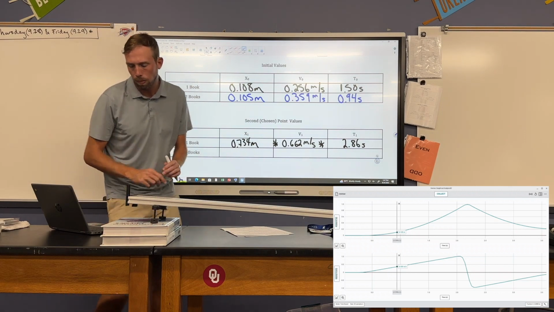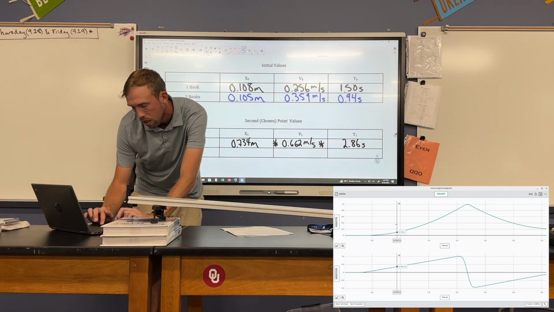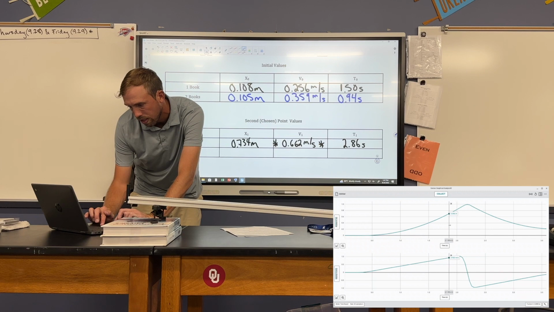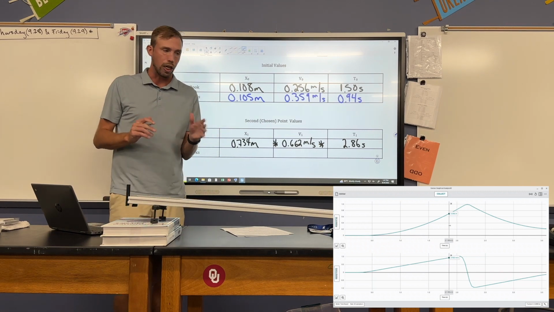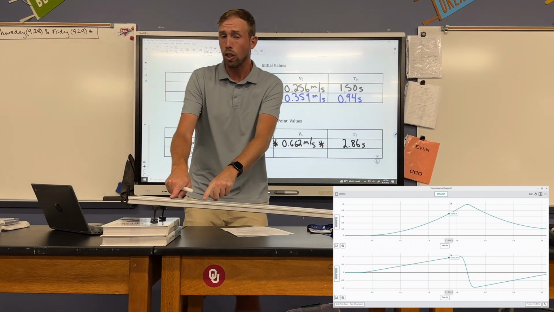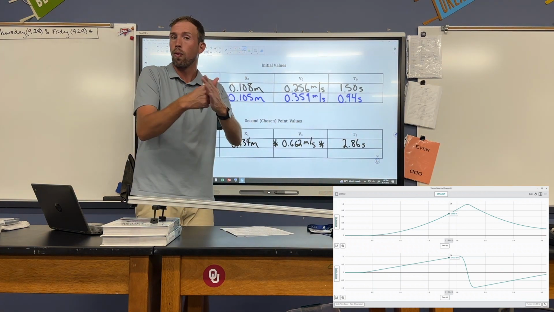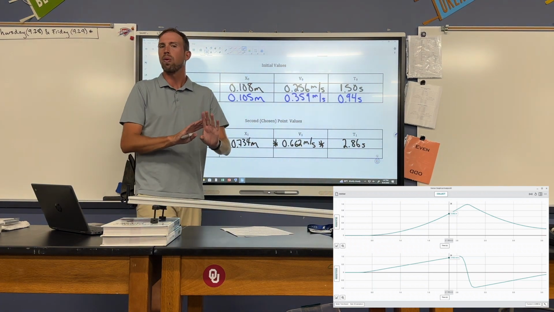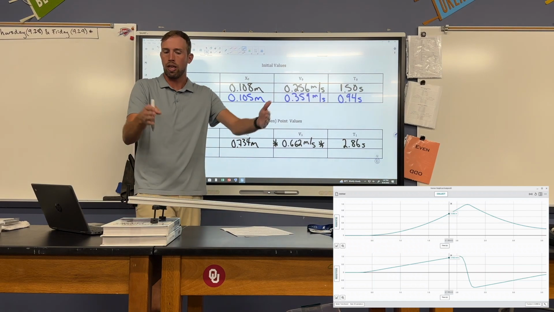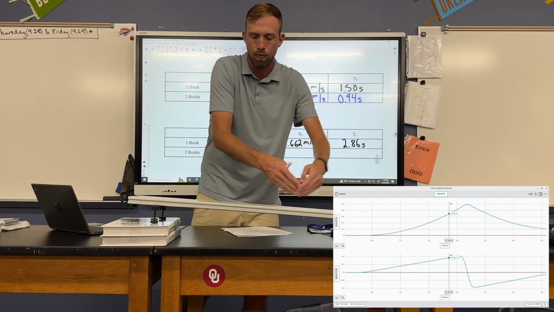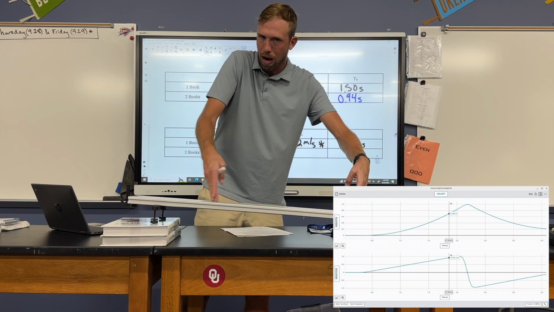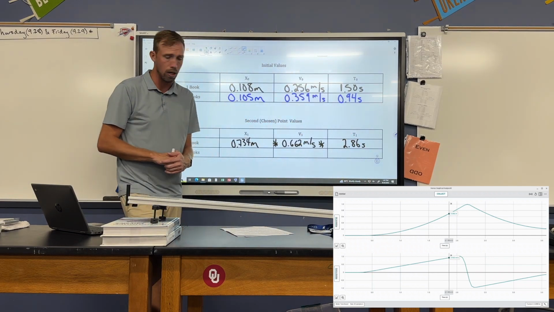Okay, and then my final point, I'll just choose another one. Slide this down. As long as I haven't hit the wall yet, we're good to go. Because again, we're just looking at the cart's motion going down the track. Once it hits the wall, there are some other forces that get introduced, and we're going to stop looking at its motion there. We're just looking at, during this one case of motion, when we have just an acceleration from gravity, what's going on.